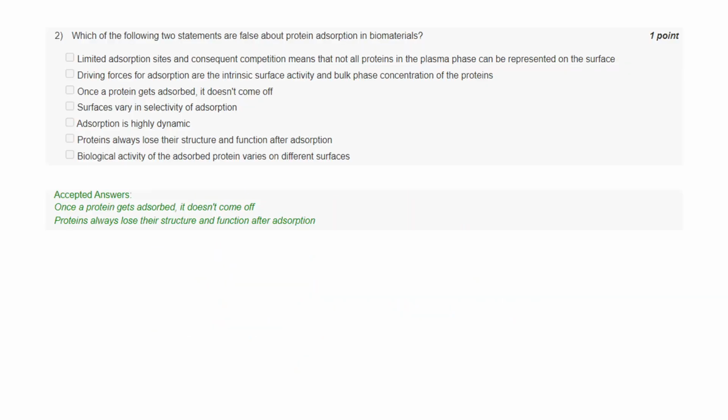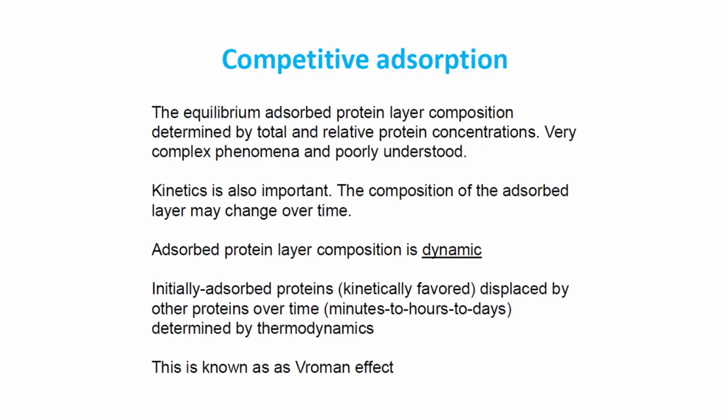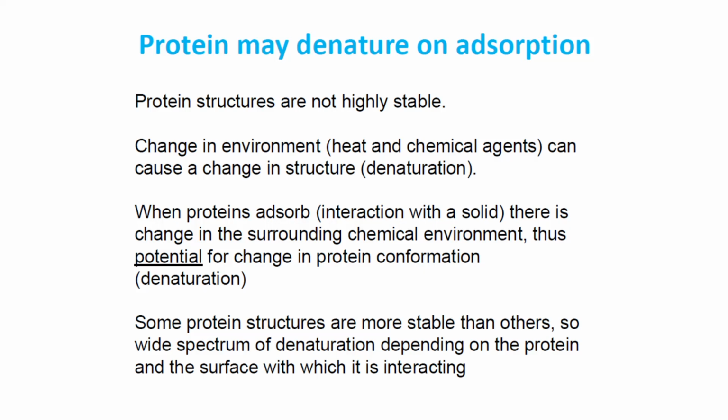So whatever this option says, once a protein gets absorbed, it doesn't come off, is false because it can easily come off. And the next, proteins always lose their structure and function after absorption, is also false. You might know about protein denaturation. We say a protein is denatured when it loses its shape, its conformation, and consequently its function. Protein denaturation upon absorption on a surface is also a variable phenomenon.